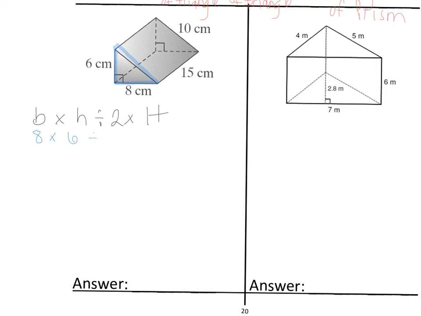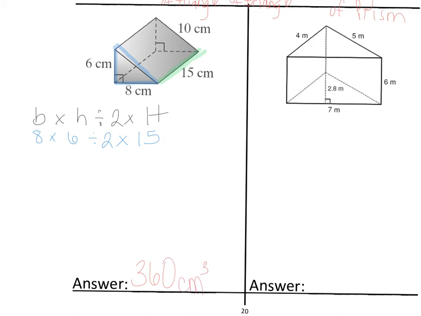And we divide by 2 times big height, which is going to be the side that connects the two triangles. So we look and see what side connects the two triangles. That's right, it's going to be 15. Now we can go ahead, type this all into our calculator, and we get 360 centimeters cubed.